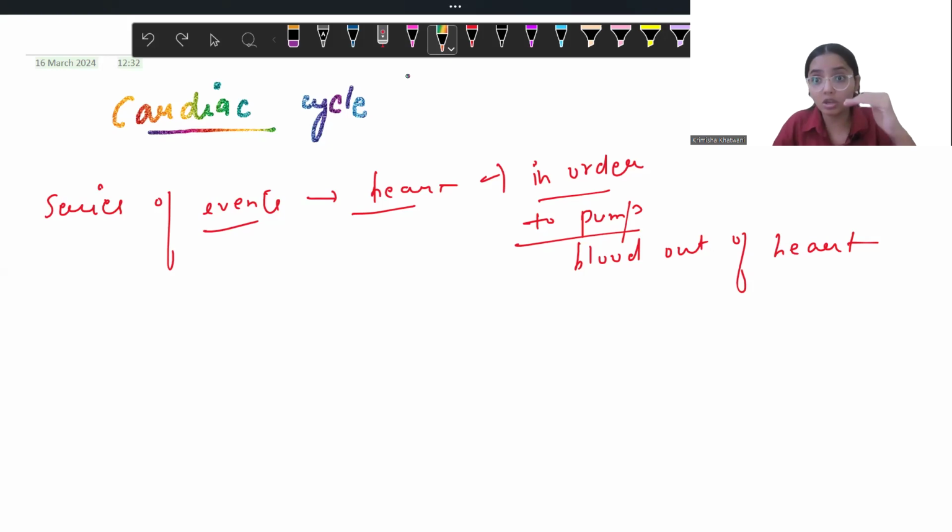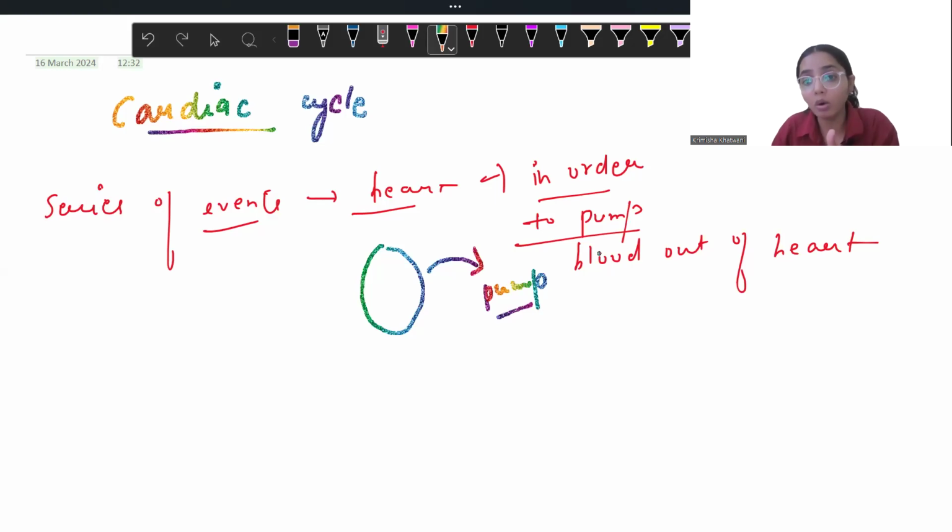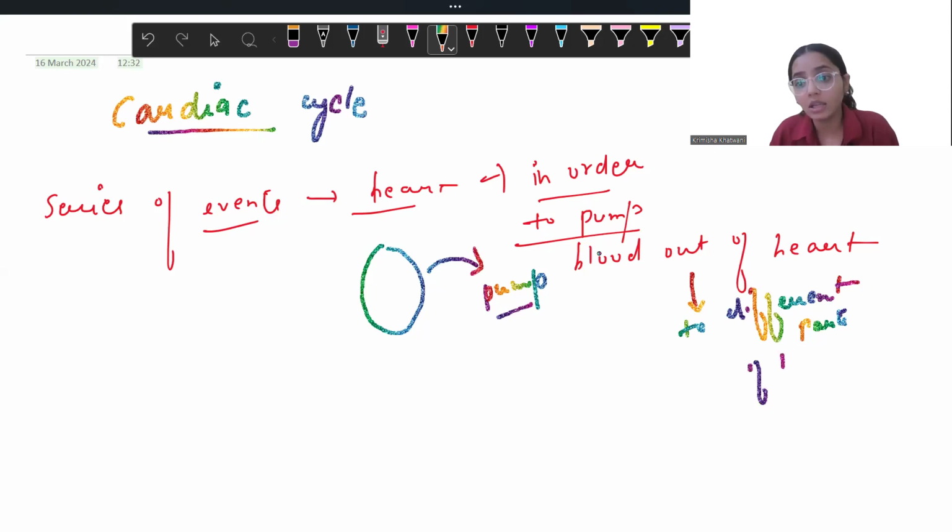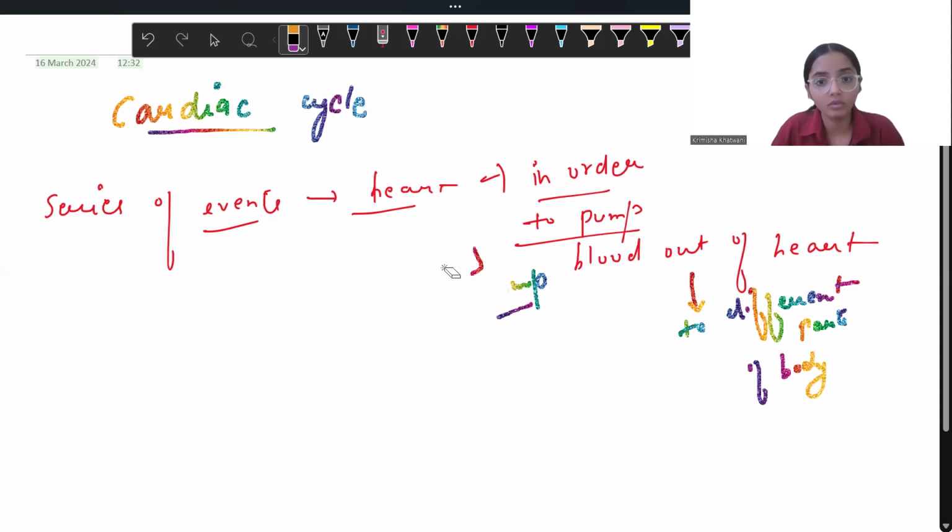There are some events which occur in the heart, and following these events, the heart is able to pump the blood out of it. So this is the definition of cardiac cycle.